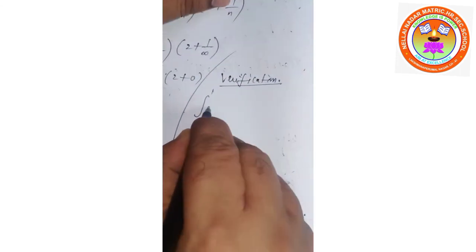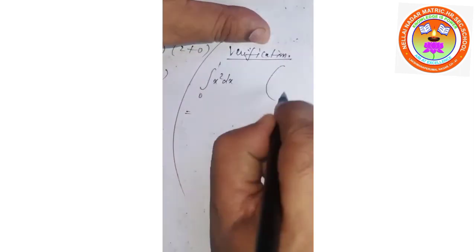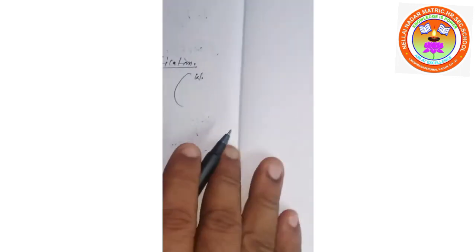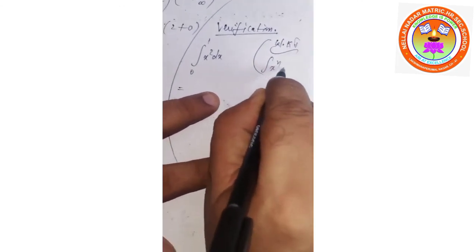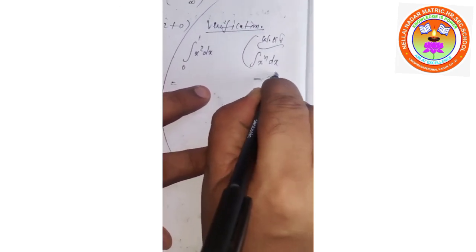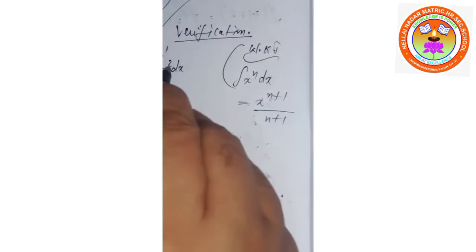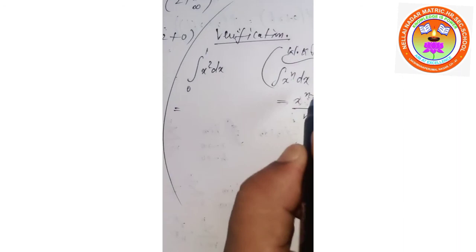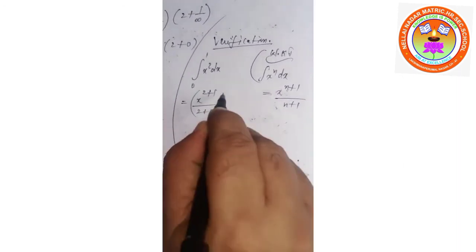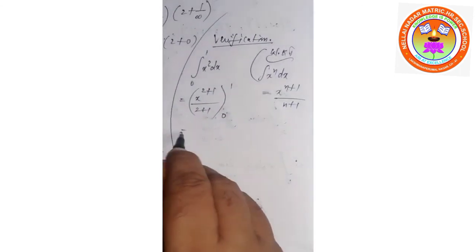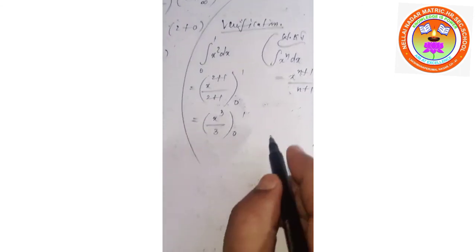We know that integral x power n dx equals x power (n plus 1) by (n plus 1). n here is 2, so replace here, x power (2 plus 1) divided by (2 plus 1), limit 0 to 1, that is x power 3 divided by 3, limit 0 to 1.